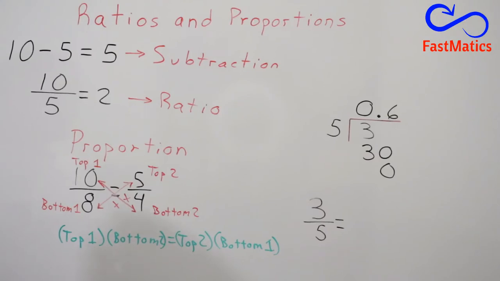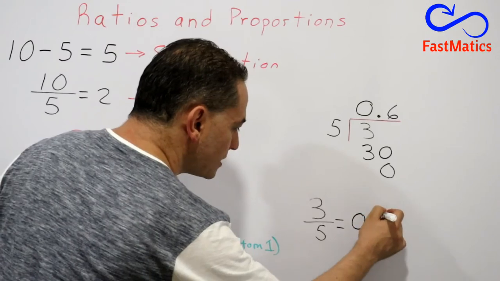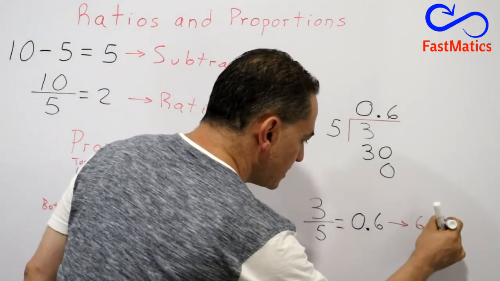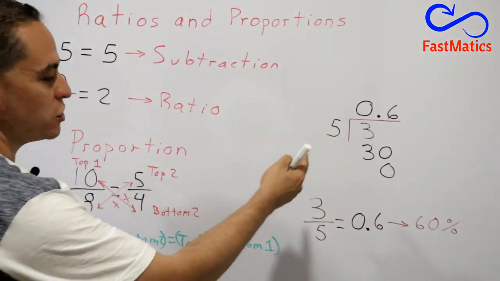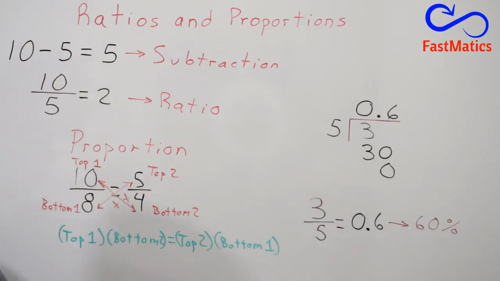That means that if 3 in every 5 people loves cheesecake, we have 0.6, and that means 60%. We have just to move the decimal point 2 places, because percent means that we are considering 100.